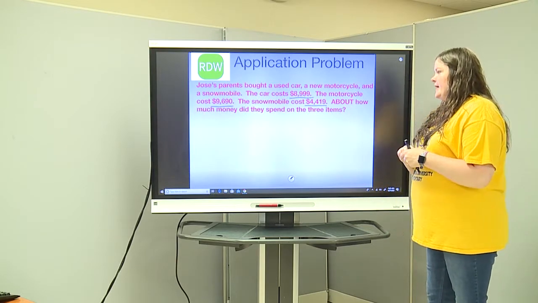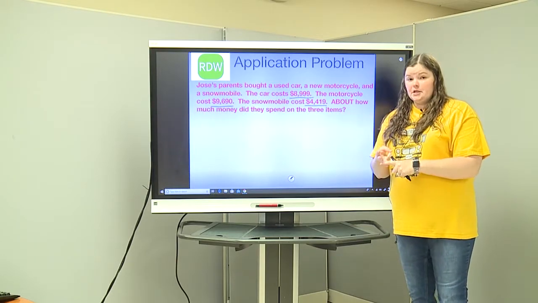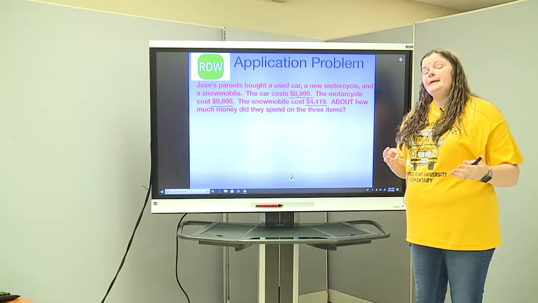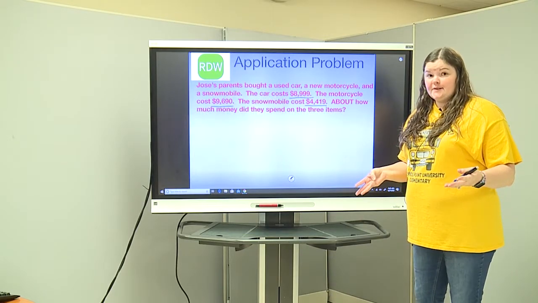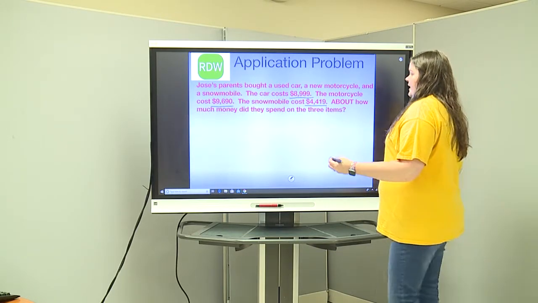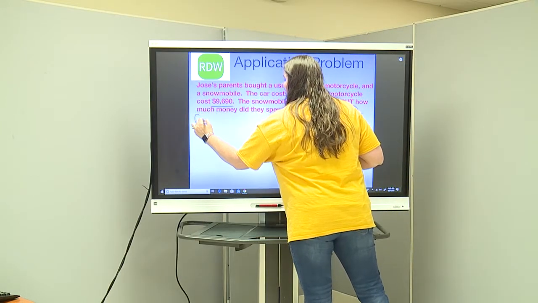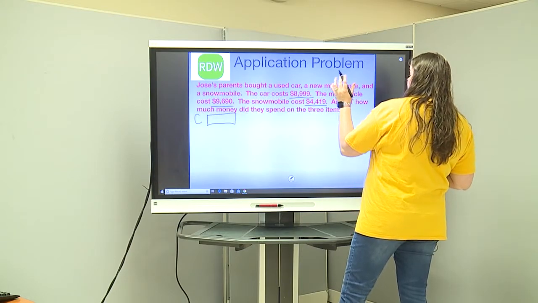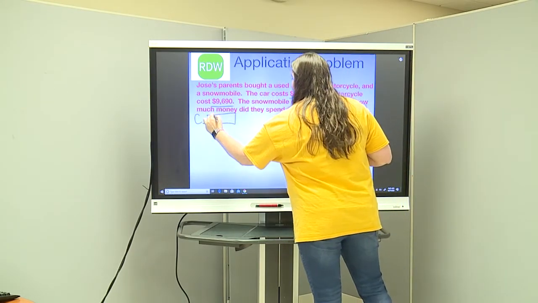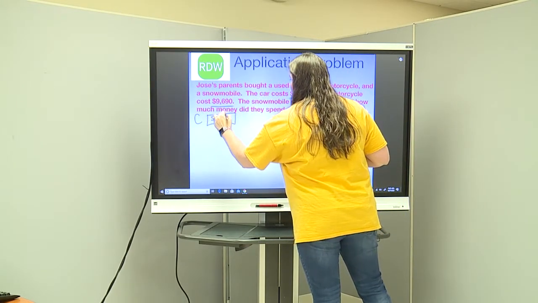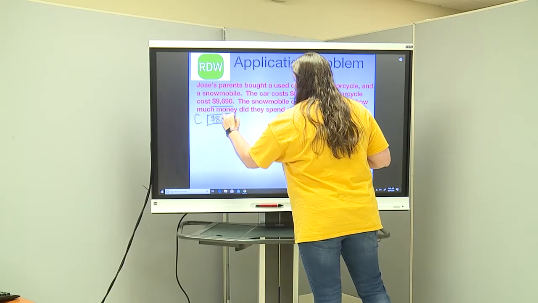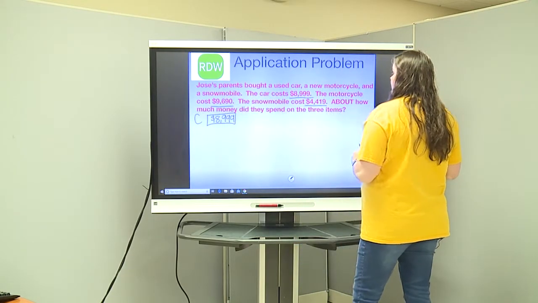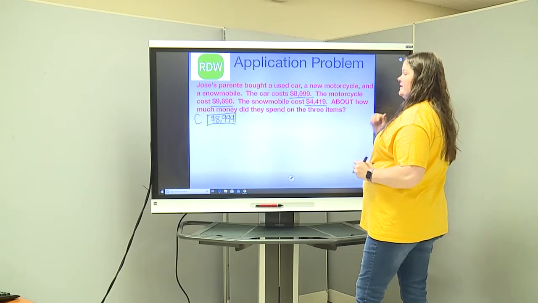So I know that I've got three items. I have the car, the motorcycle, and the snowmobile. I can make three tape diagrams for this. Okay, so over here to the side, I'm going to use the C for car. I'm just going to fill in this little tape diagram. The car was $8,999. Okay, the motorcycle was $9,690.